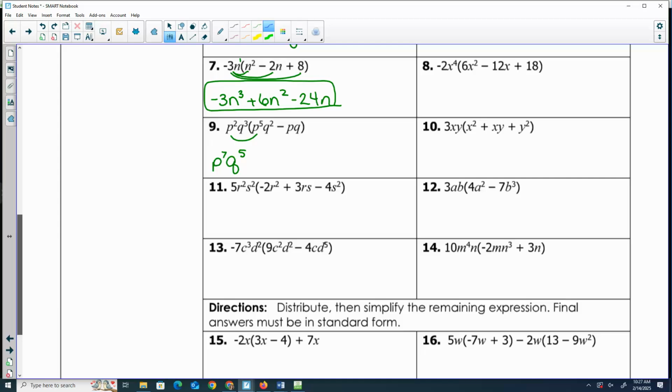You have 7 p's and 5 q's there. Minus p squared and p to the first would be p to the third. Q to the third and q to the first would be q to the fourth. So we are just putting those like variables together. All right. I'm going to stop here.